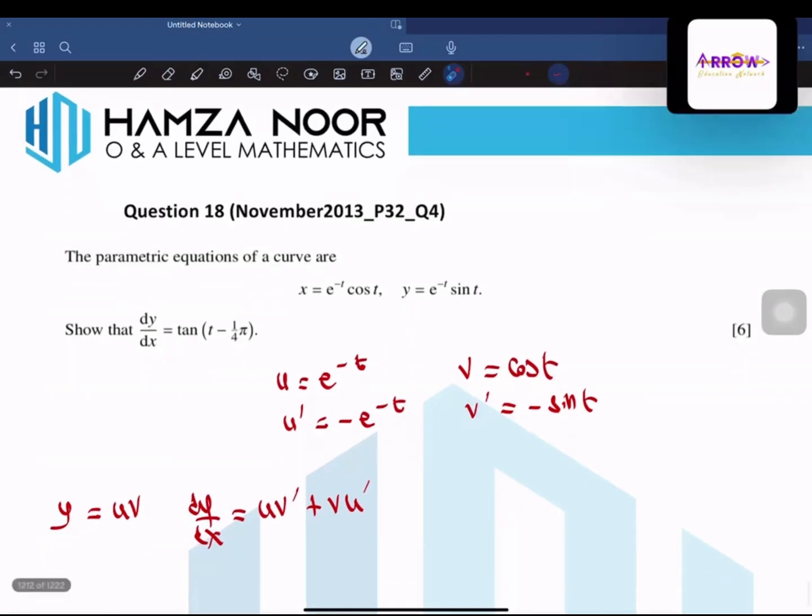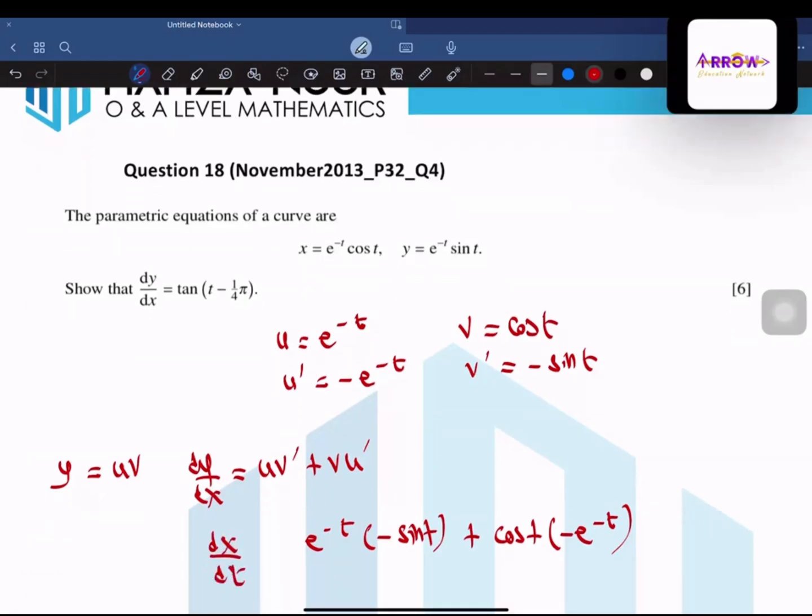So u times v dash is e raised to the power of minus t multiplied by minus sine t, and then plus v u dash, which is cos t multiplied by minus 1 multiplied by e raised to the power of minus t. This is basically the dx over dt function. We are actually differentiating x with respect to t.